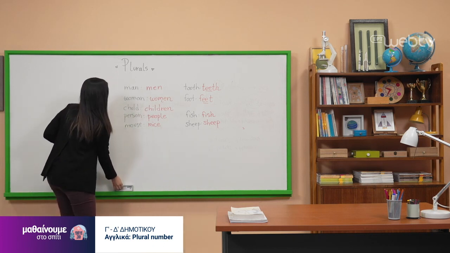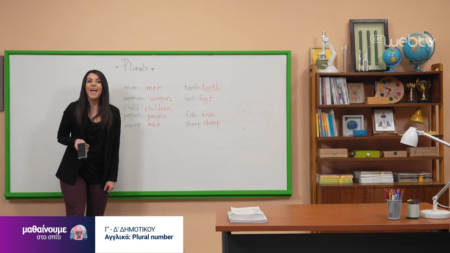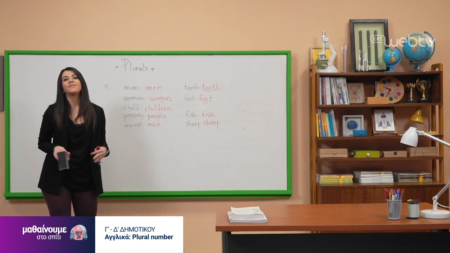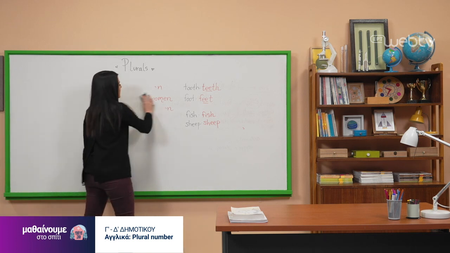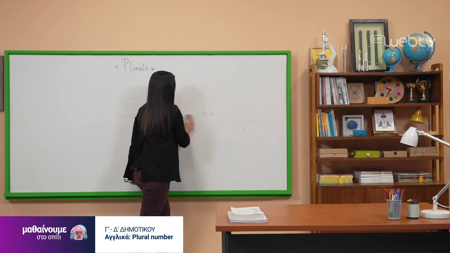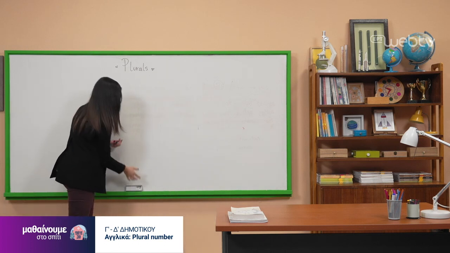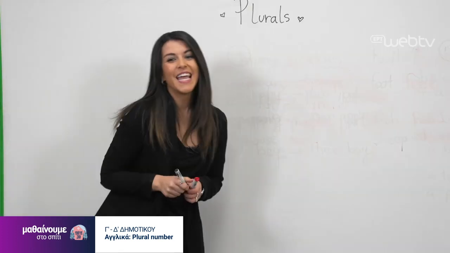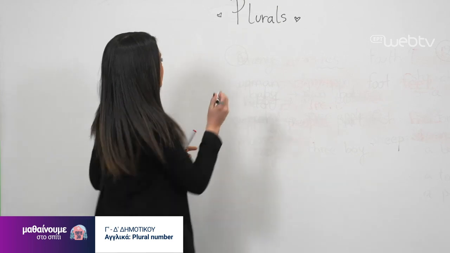Now, we can practice together. I will tell you some words, and then I will give you some time to think, and I will tell you the answer, okay? So, let me see if you were paying attention. I hope you were. So the first one, let's go with boy.